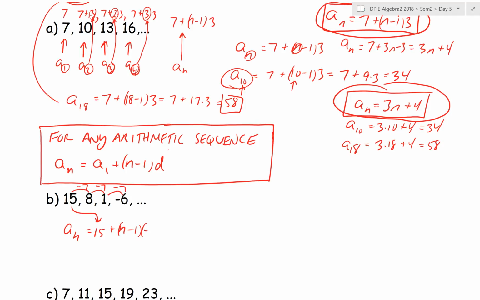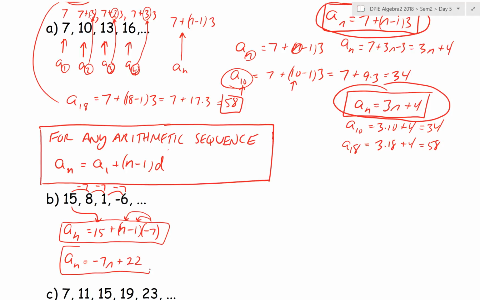So our common difference is negative 7. And so now we have our term generating formula. Again, we can leave it like that, or we can simplify it. If I simplify this by distributing the negative 7, that would be negative 7n plus 22.